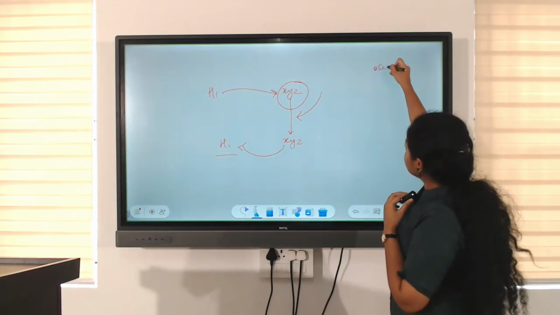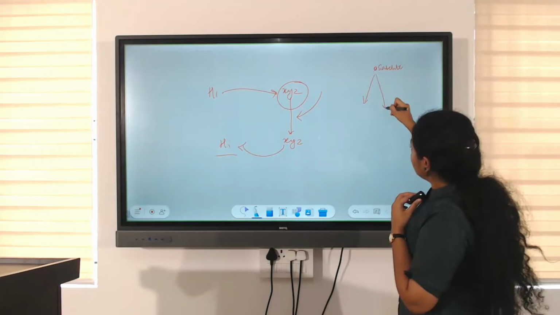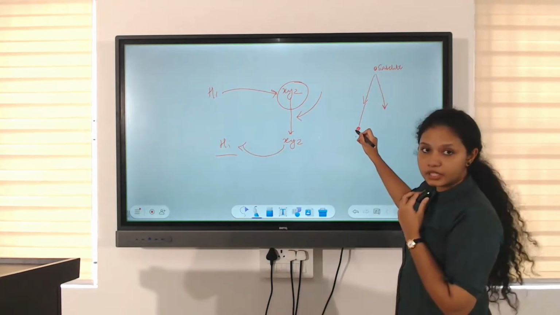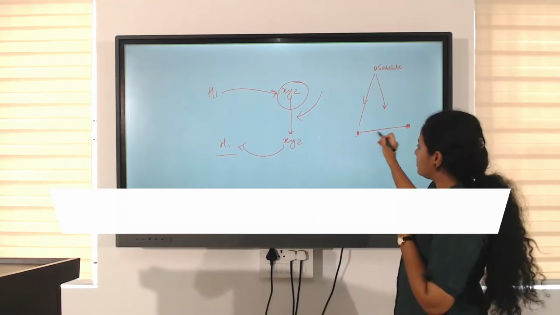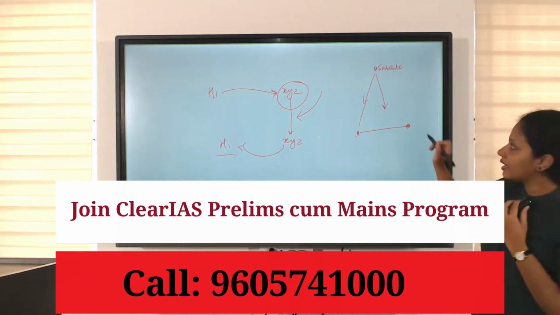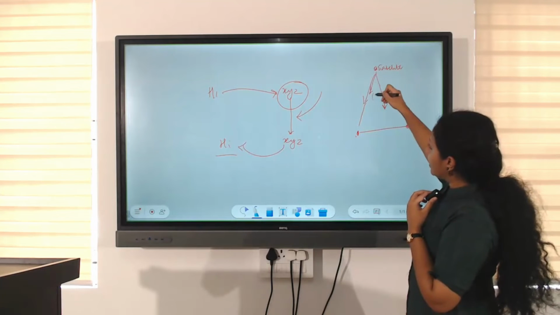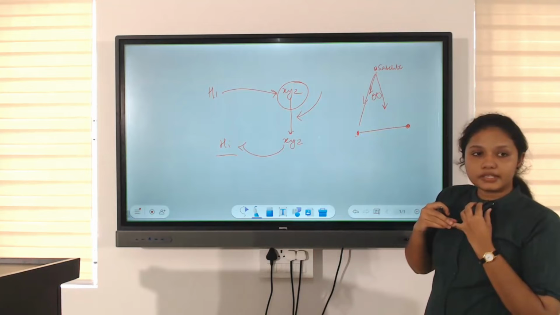Okay, satellite. We have to send a message from this point to this point. So there will be a satellite and it will send two particles. What will be its properties?